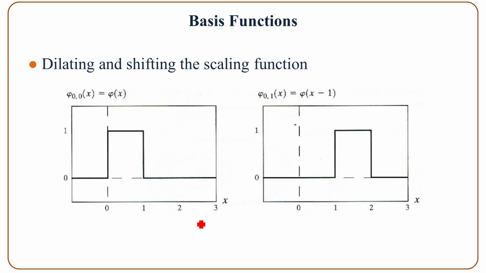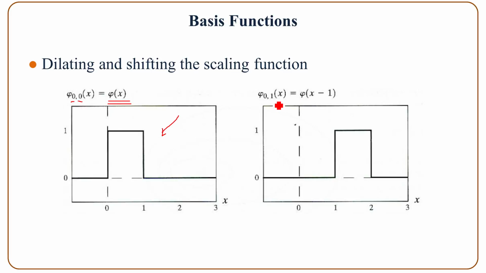Okay, so now let's dilate and shift the scaling function and see what we have. If j is equal to 0 and k is also equal to 0, then phi 0,0 of x is equal to phi of x, and this is what you have.